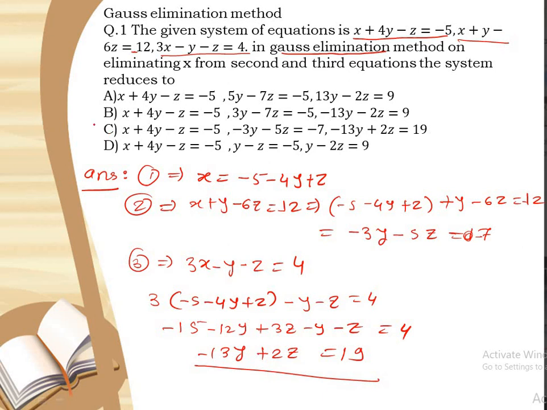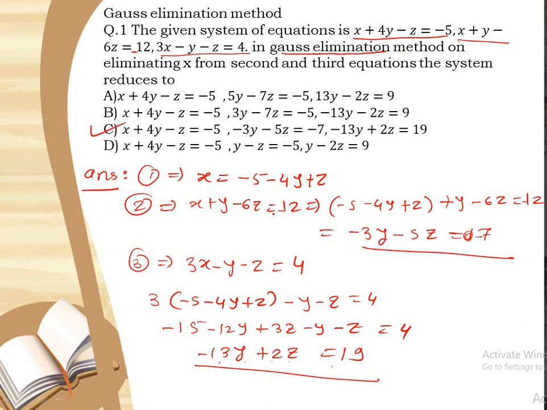So if we observe option C, the first equation is as it is, x plus 4y minus z equal to minus 5, the second equation is minus 3y minus 5z equal to minus 7, and the third equation is minus 13y plus 2z equal to 19. So option C is the correct option.